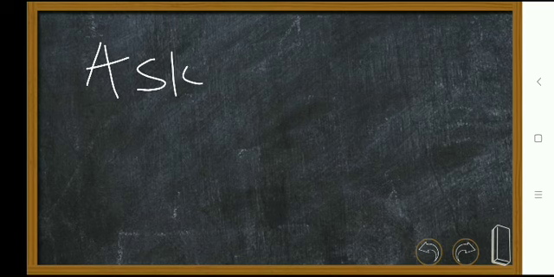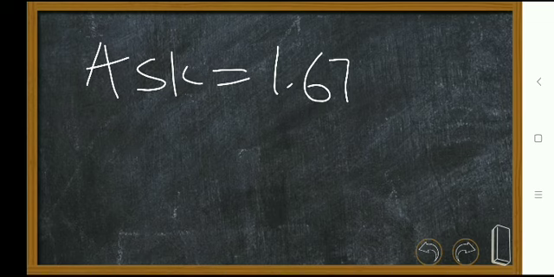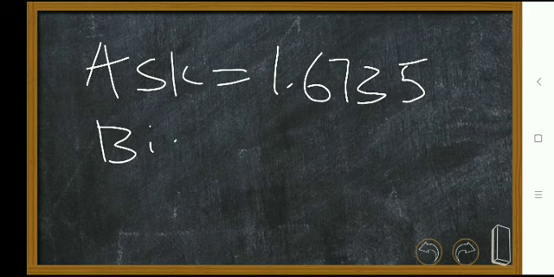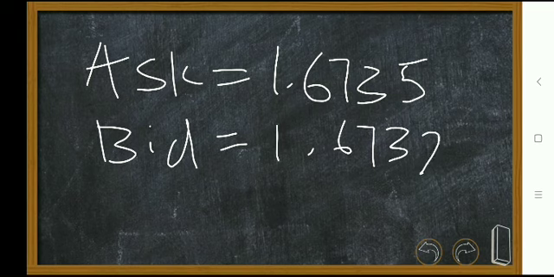You have an ask price of 1.6735. Then you have a bid price of 1.6732.